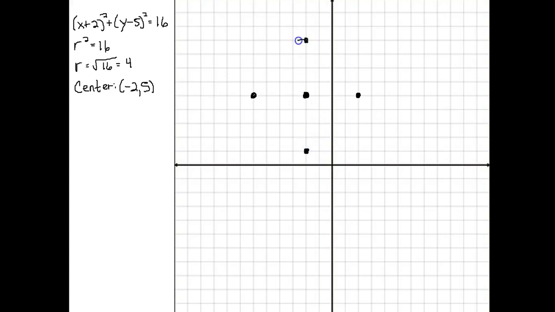And once you have your points, you can try to draw a nice circle. Do your best, but unless you have a compass, it won't be perfect. Although my math lab will have a circle drawing tool to help you if you're doing it in my math lab, so no worries there. But you still need to know how to do this. All right, so there you go.